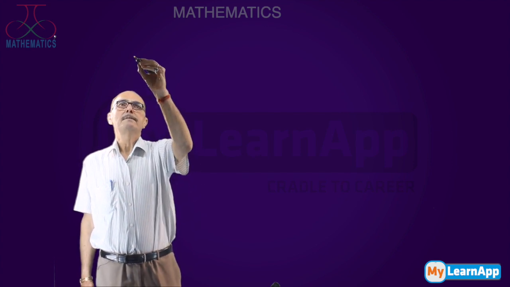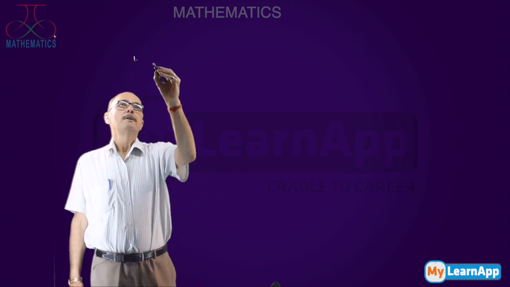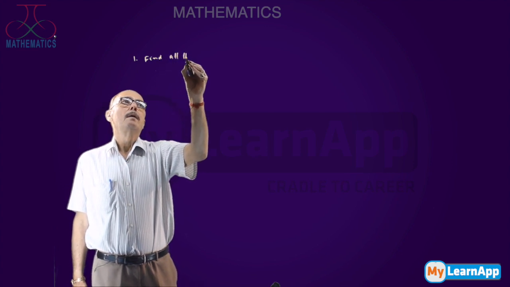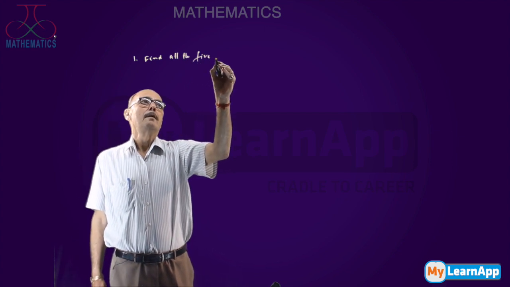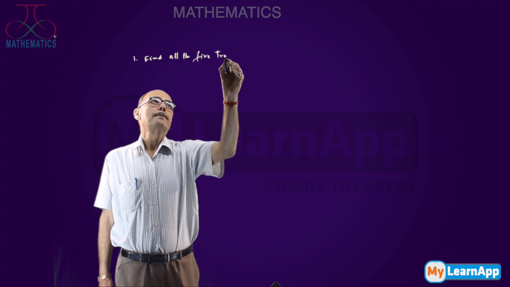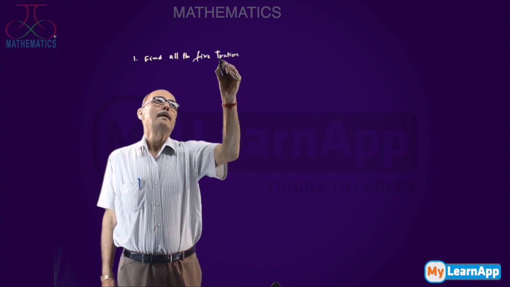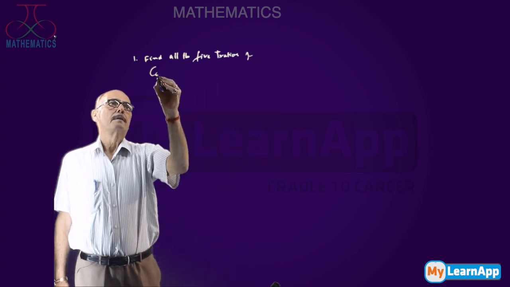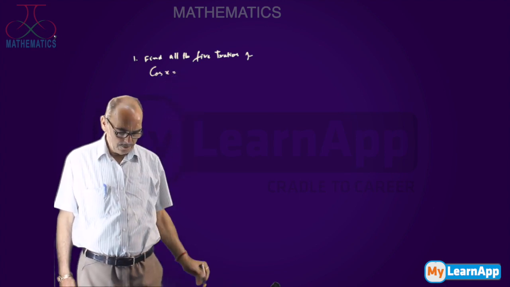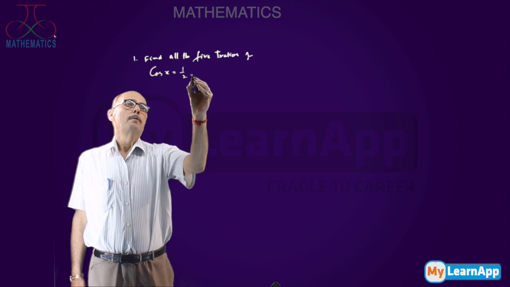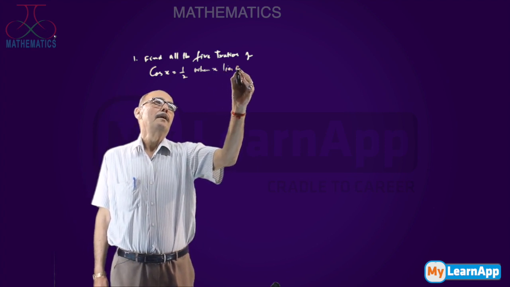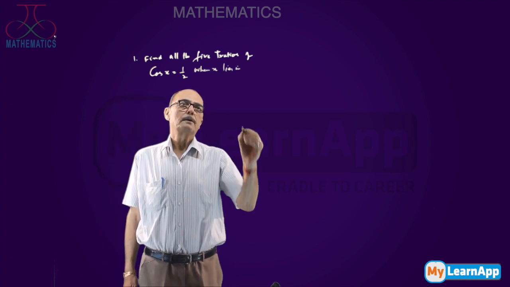The first problem in this is: find all the 5 trigonometric ratios from cos x equal to minus 1 by 2, when x lies in third quadrant.